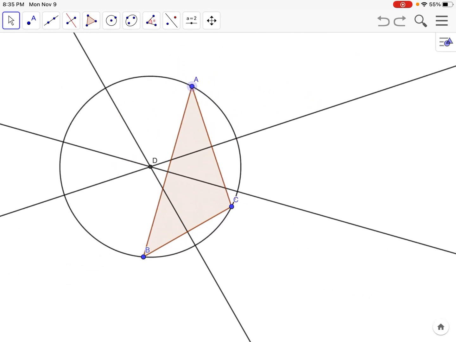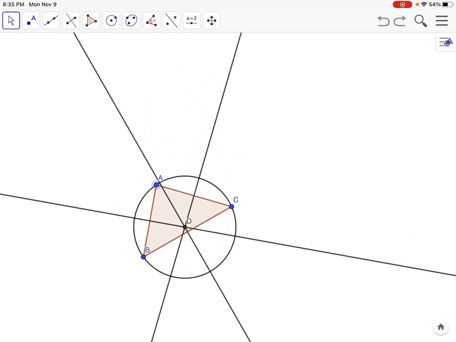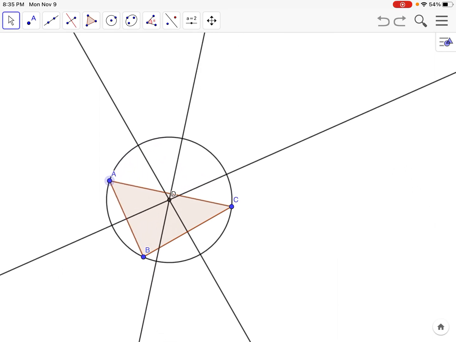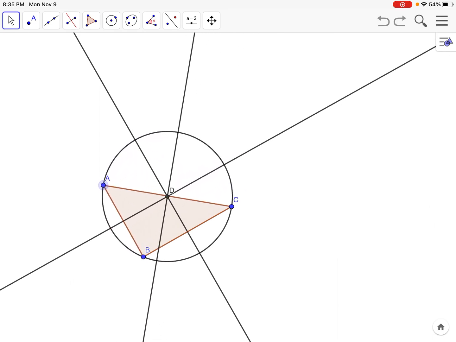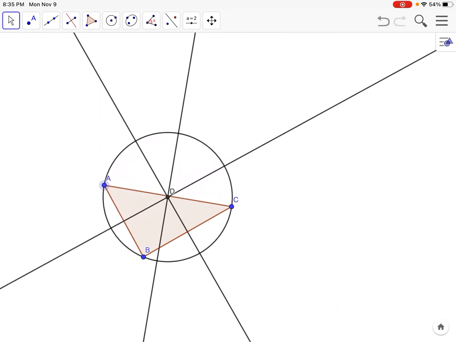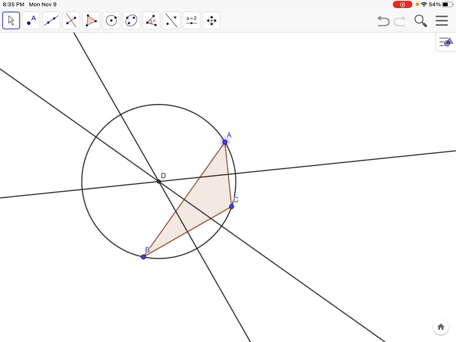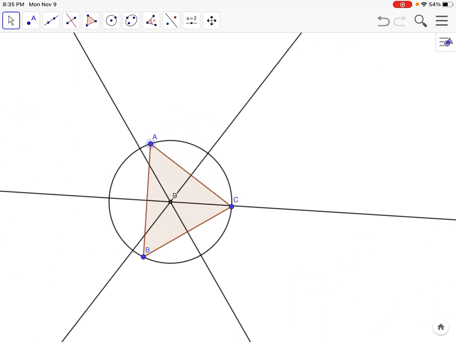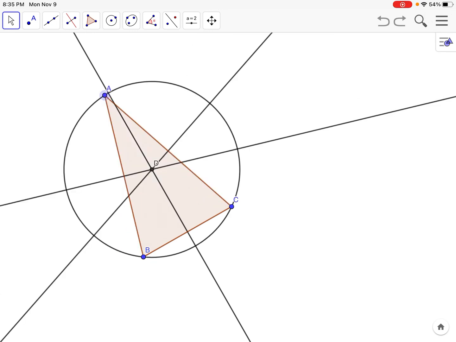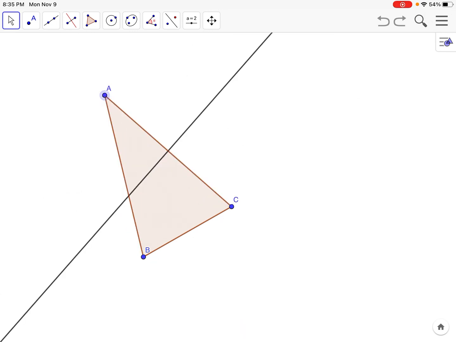You guys see that no matter what, I can make an obtuse triangle, an acute triangle, a right triangle, and it doesn't matter, the 3 points of the triangle are always on the circle, and that is with our perpendicular bisectors.